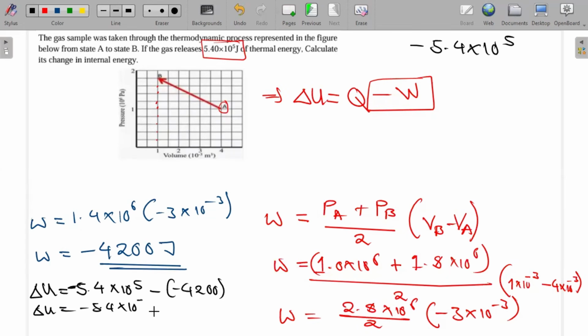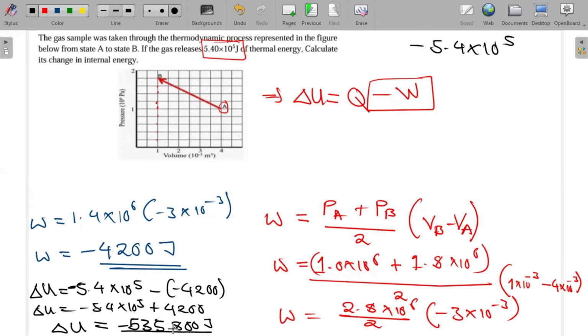4,200. Let me just add this. 5.4 times 10 to the power 5 is basically equal to negative 540,000 plus 4,200. This is giving me negative 535,800.